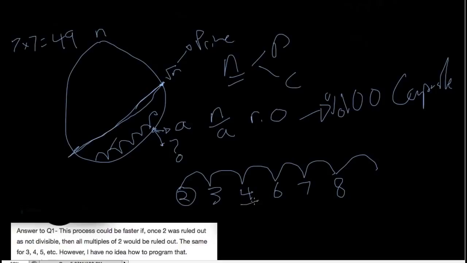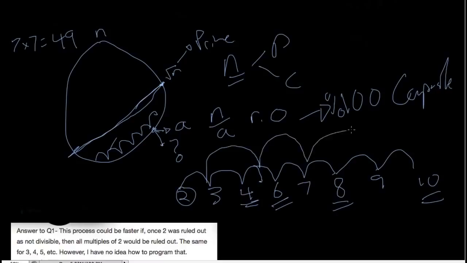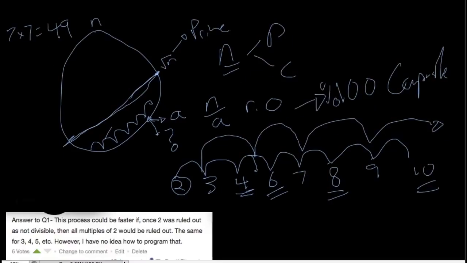But then we can say 4, 6, 8, 10 are composite, and instead, we can take this step like this: 3, 5, 7, 9.